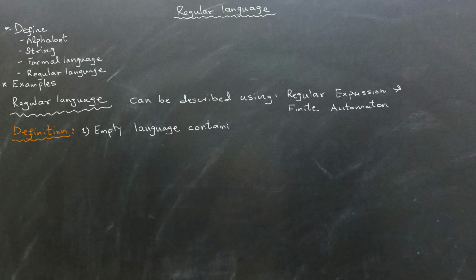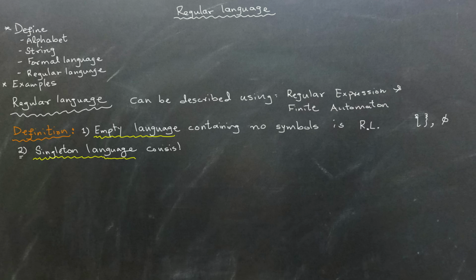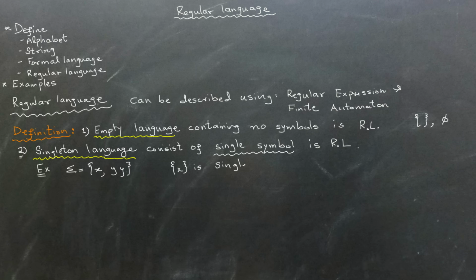Let's define regular language more formally. Number 1. An empty language which contains no strings is considered a regular language. Number 2. A singleton language consisting of a single string containing a single symbol is also a regular language. For example, if the alphabet is X, YY, the language containing only X is a singleton language, as it contains only a single string. However, a language containing a single string YYX is not a singleton language because the string is composed of multiple symbols.